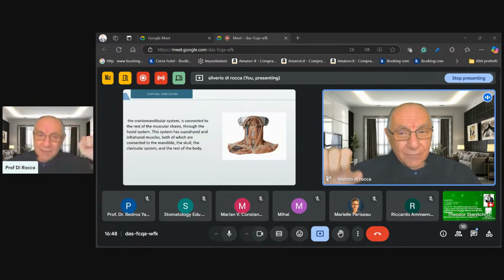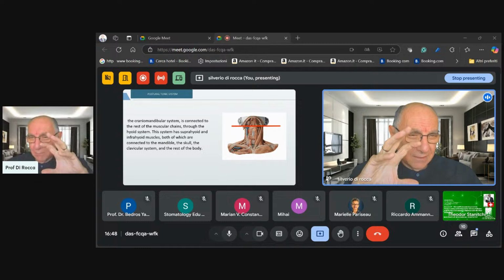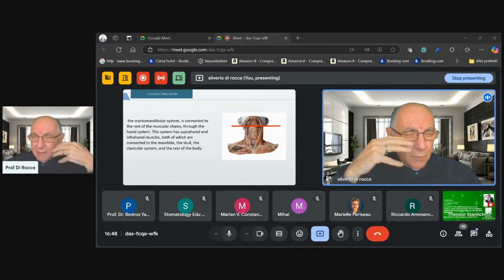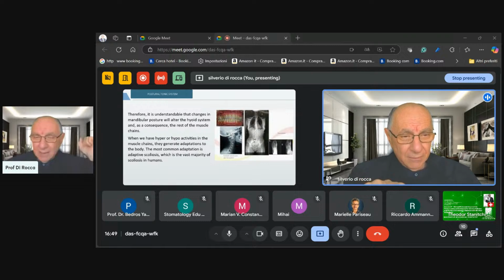Yeah? The craniofacial system is connected with the hyoid system. The hyoid system is a special system in the middle between cranial, neck, and body, which is connecting the foot with the eyes.